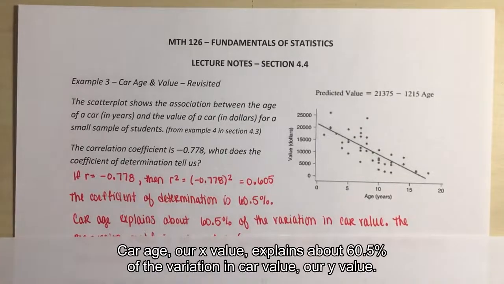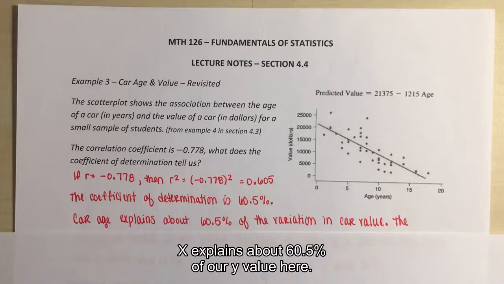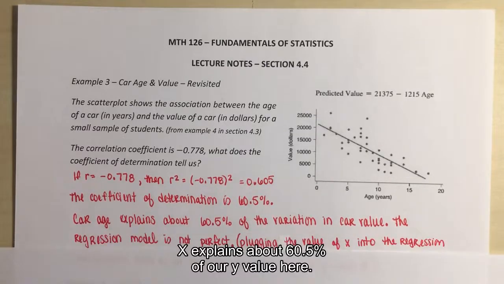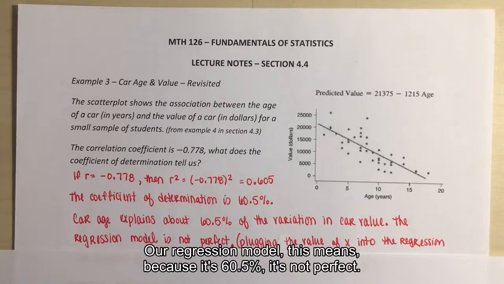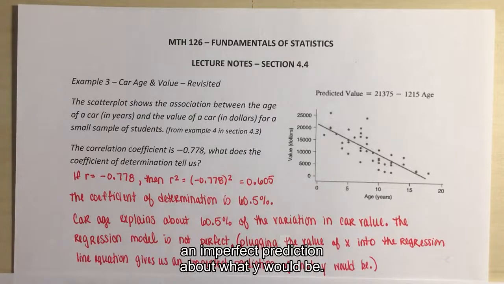So, car age, our x value, explains about 60.5% of the variation in car value, our y value. So x explains about 60.5% of our y value here. Our regression model, because it's 60.5%, is not perfect. Plugging the value of x into the regression line gives us an imperfect prediction about what y would be.